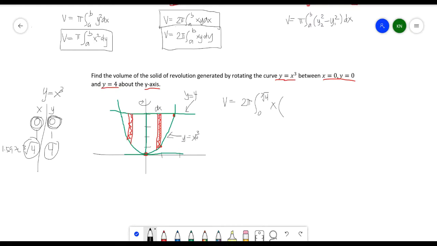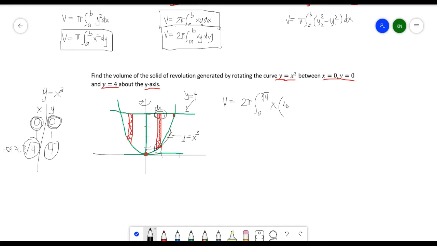From the knowledge that we have from finding the areas between curves, we know that we need to include y upper minus y lower. In this case, our y upper is equivalent to 4 and our y lower is equivalent to x cubed, as the upper part of our strip touches this line, so this is our y upper, and the lower part of our strip touches this curve, so our y lower is equivalent to x cubed.